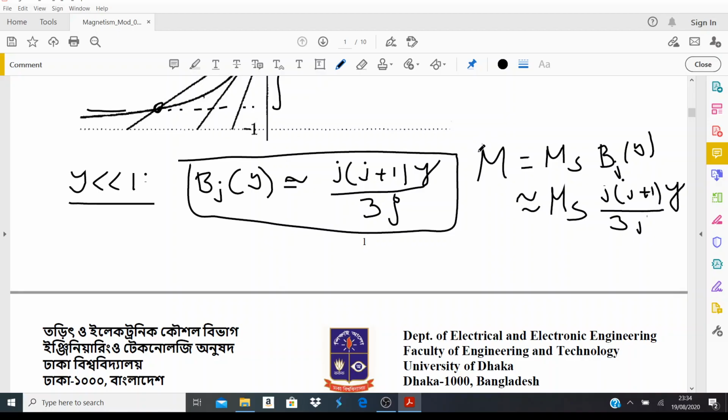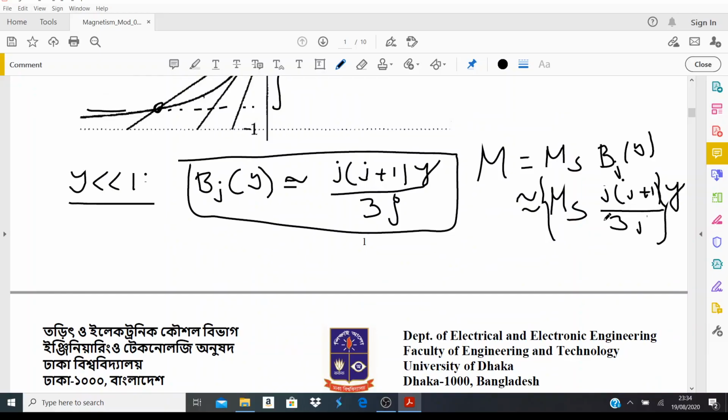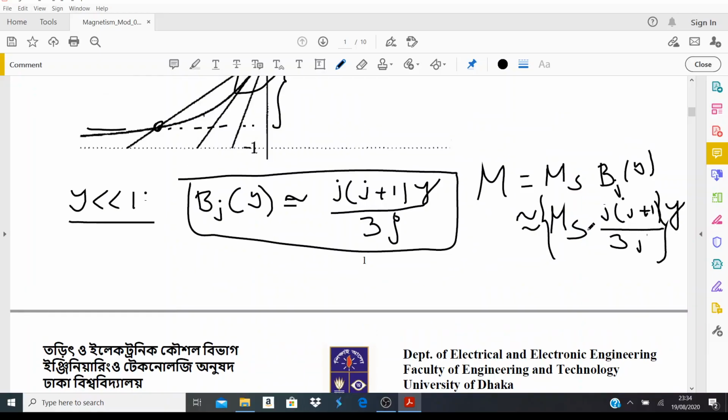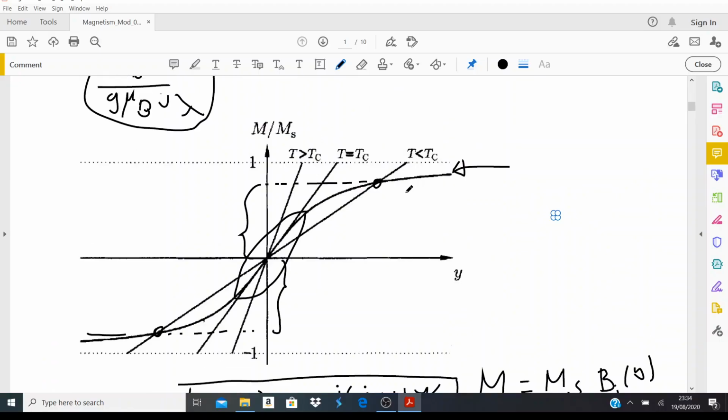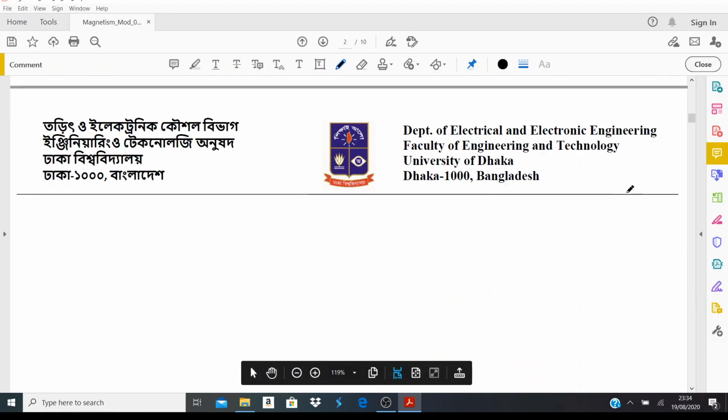Now we have the straight line from the Brillouin function. That's another straight line, but now you can see m is equal to some number times y, and that's our slope of the linearized Brillouin function, which is this bit, right? So from this you have the expression for the slope, and these two slopes, the linearized Brillouin function and the T is equal to Tc straight line, have similar slope. So now you can equate these two slopes with each other, right? Let's do that.